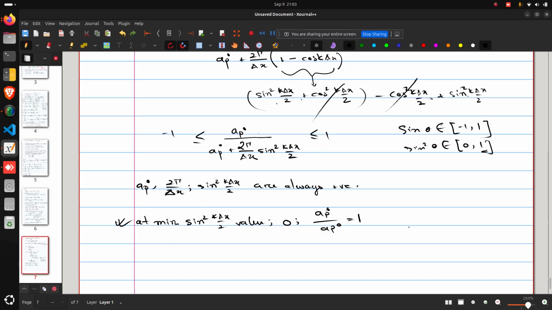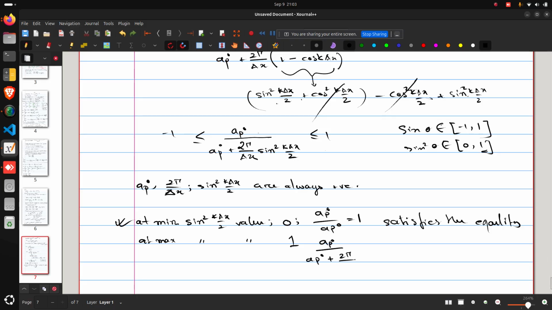So this satisfies the equality. At the max sine square theta value, that is 1, it will be nothing but AP naught by AP naught plus 2 gamma by delta x.